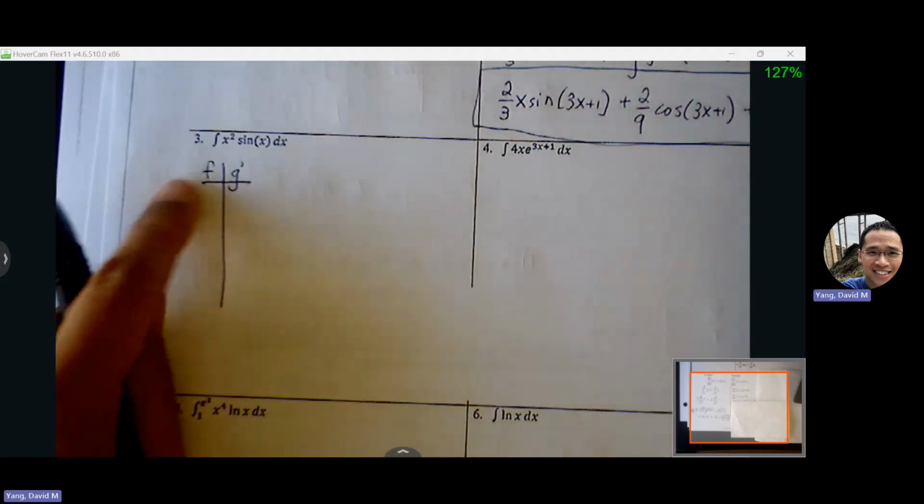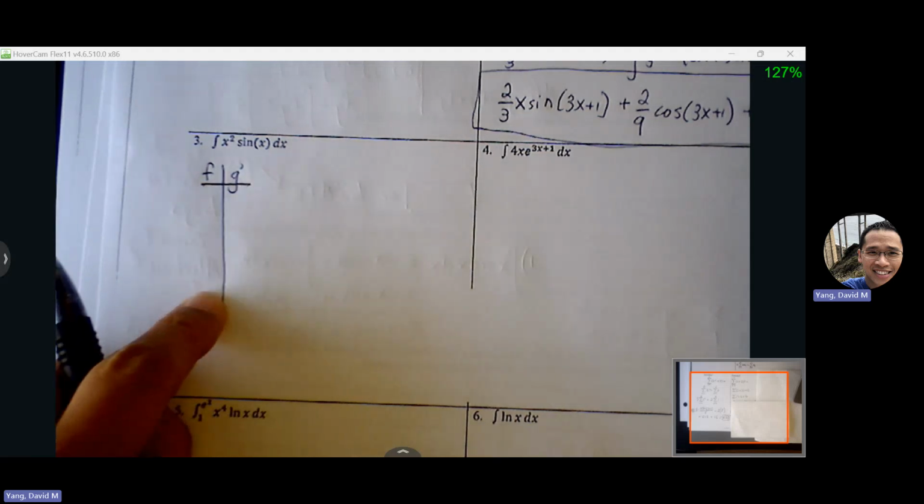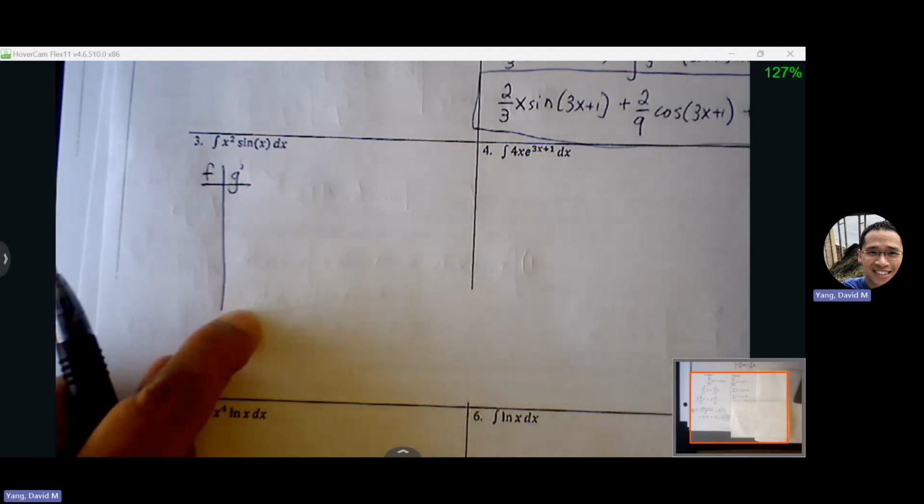So I like to create a table that looks like this, and I can just list out my f primes and then list out my integral on the right side here.